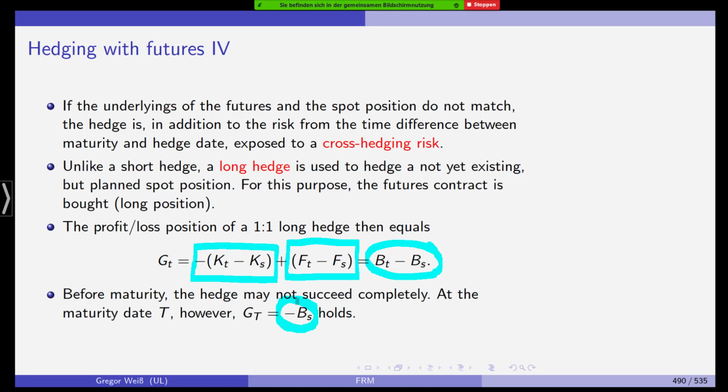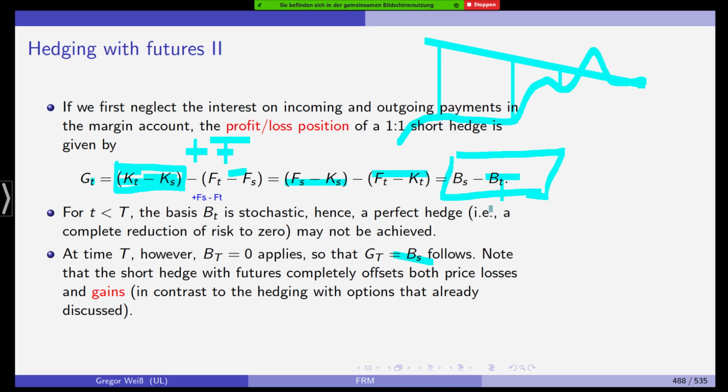Now, you might think from this, actually this is nice. If I only see a non-zero basis, I can always make a profit. I either do a 1-to-1 long hedge or a 1-to-1 short hedge.